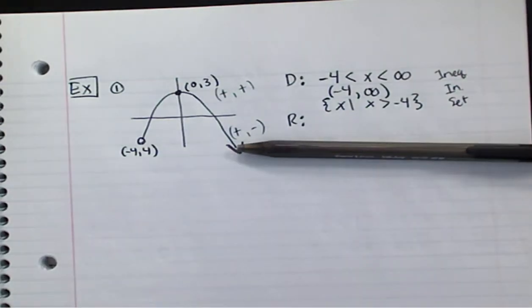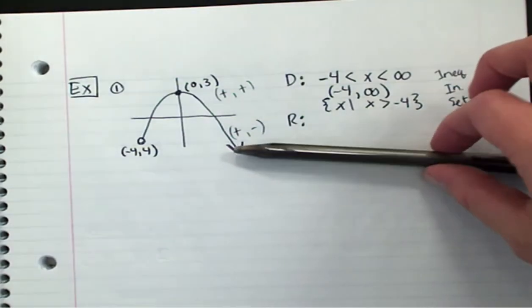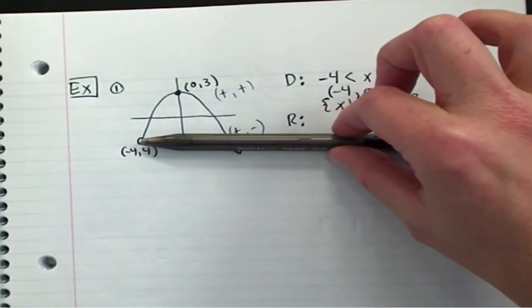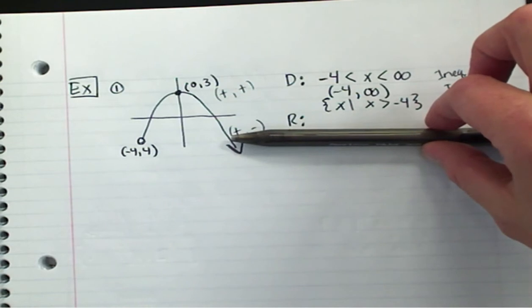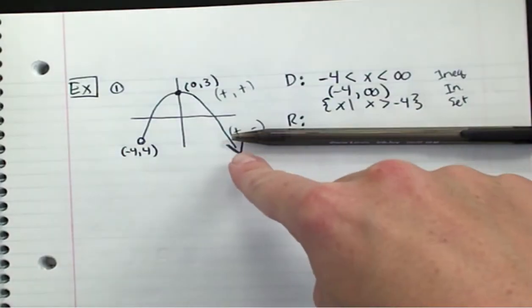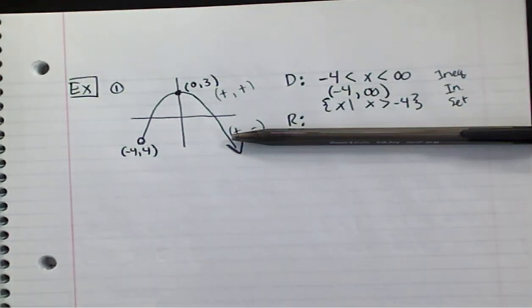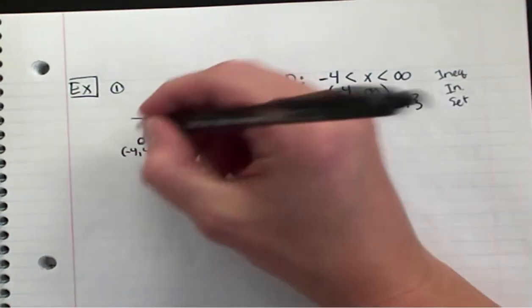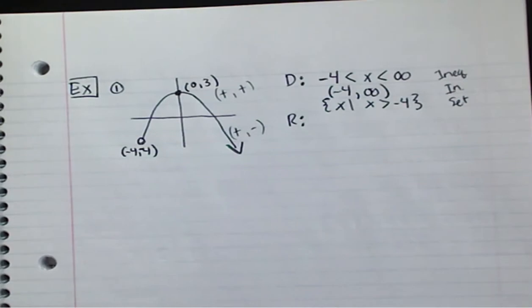Here. Yeah, I do see the overlap. Just pick the most negative part. Now, I have an open circle here, but over here, negative 4 would be included. Feel free to tell me when I make a mistake, guys.